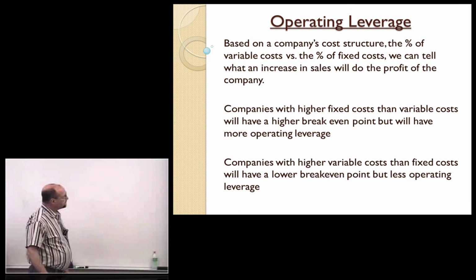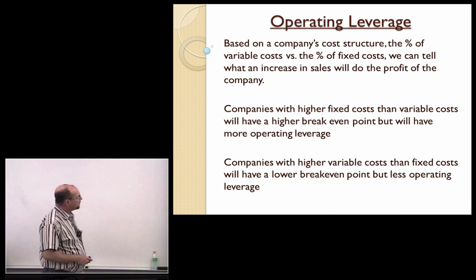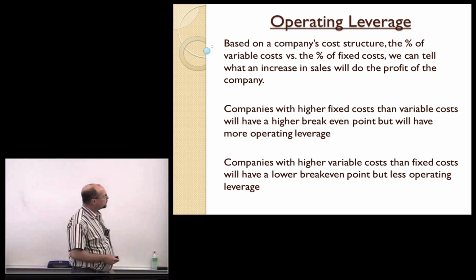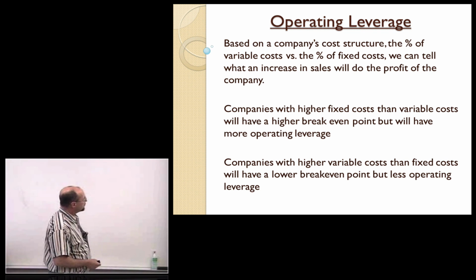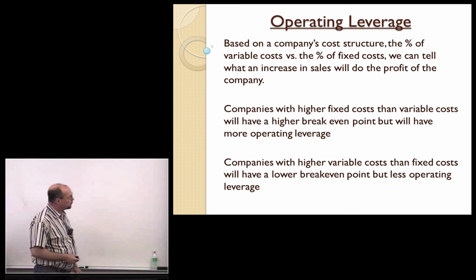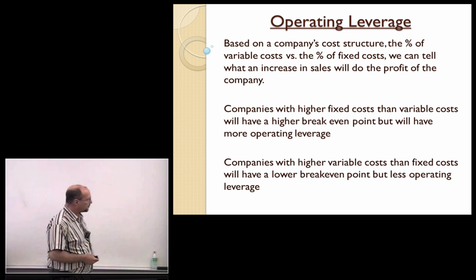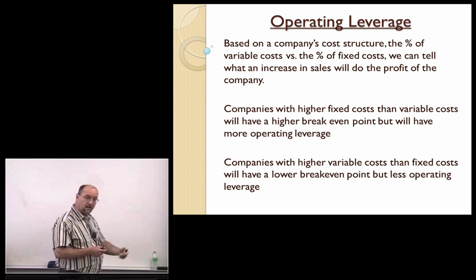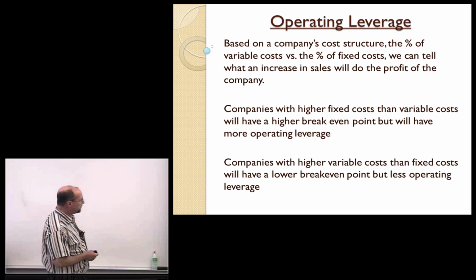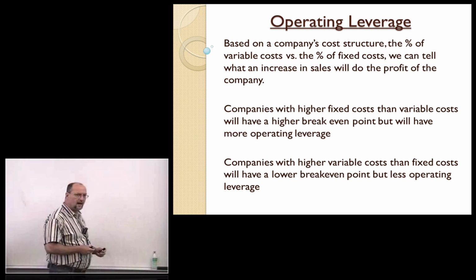Last item, a concept called operating leverage. Based on a company's cost structure, the percent of variable costs versus the percentage of fixed costs, we can tell what an increase in sales will do for the profit of the company. Companies with more fixed costs than variable costs will have a higher break-even point, but will have more operating leverage.